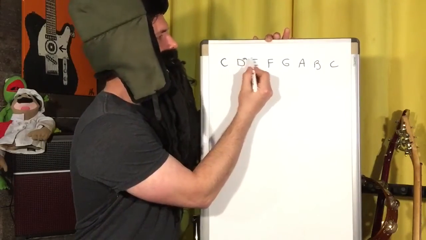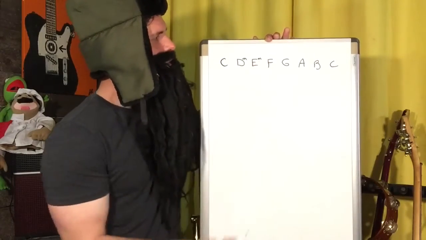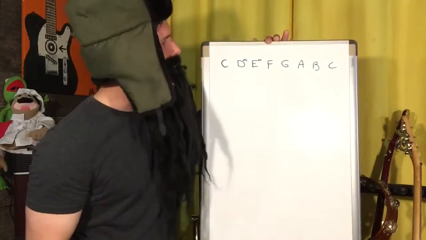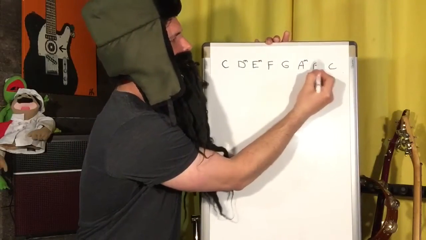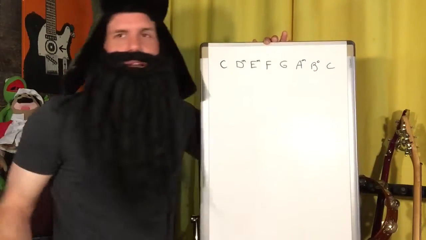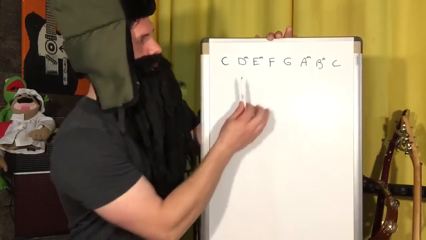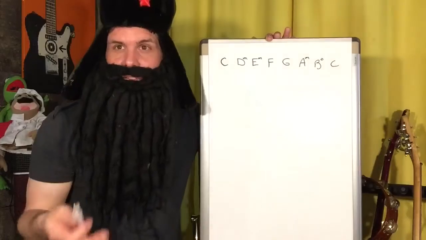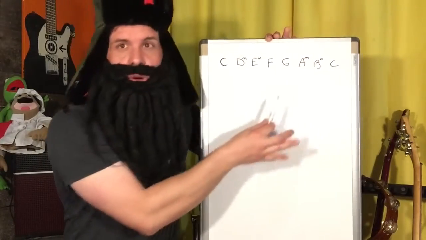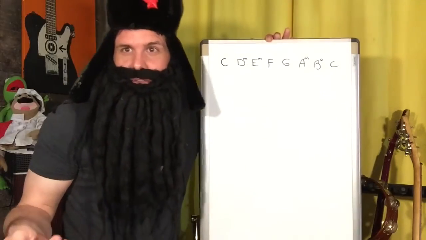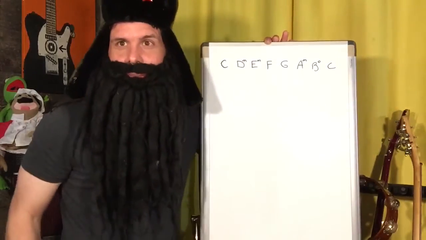The second one and the third one are minor. The fourth one and the fifth one are major. The sixth is minor. The seventh is diminished. We'll talk about that in a little bit. And the last one's the same as the first one. So there's seven chords in the key of C major that make up the chords, not the notes now, of the C major key. Yeah, that's it.